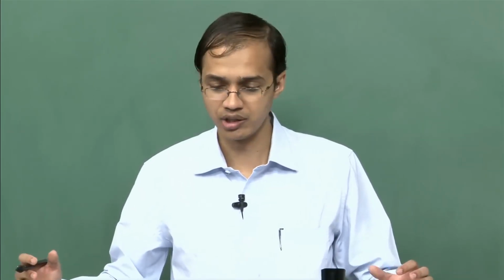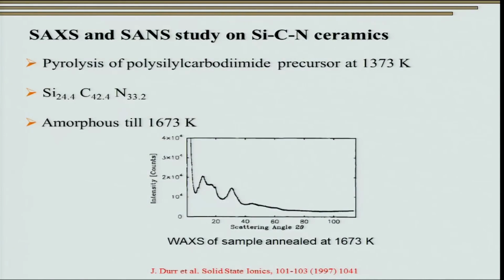So, here I am going to present a small example from a very old paper on silicon carbon nitrogen ceramics, where both small angle X-ray scattering and small angle neutron scattering were used to characterize the material. These composites were prepared using pyrolysis of polysilyl carbodiimide precursor at 1373 K to obtain silicon 24.4, carbon 42.4, nitrogen 33.2 ceramic.